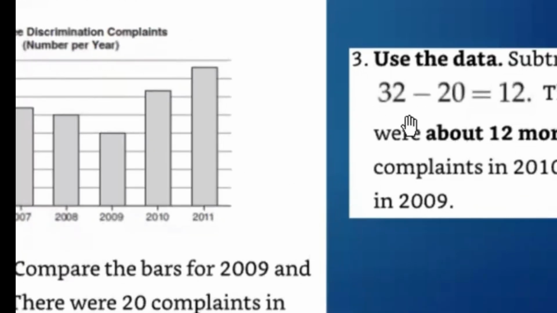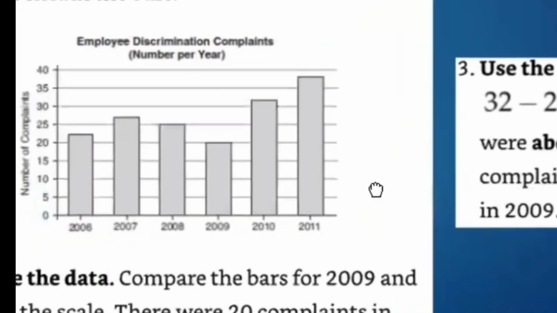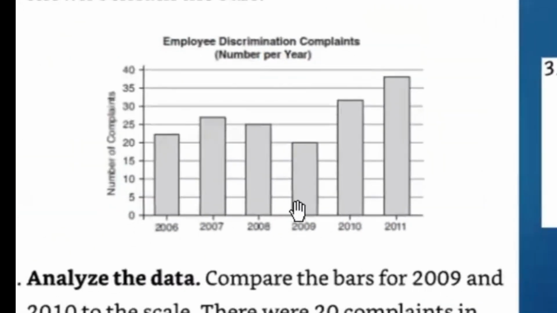You would subtract 20 from 32, which is 12. And then you can confidently answer your question that there were about 12 more complaints in 2010 than there were in 2009. Okay. And so the bar, again, as mentioned earlier, is just a pictorial representation, or a way to use pictures to represent numerical information.